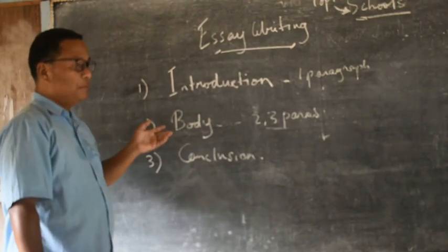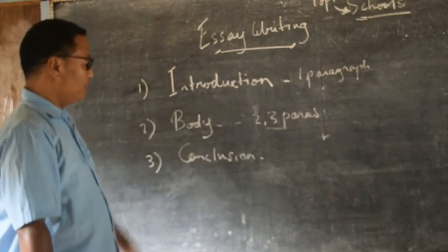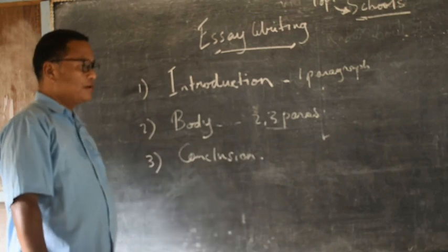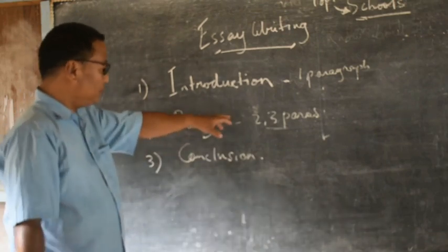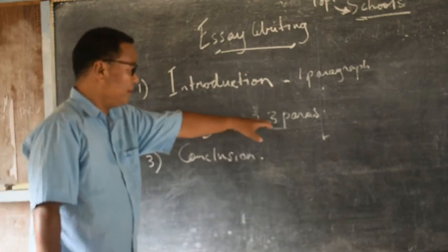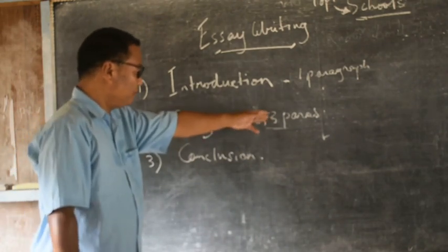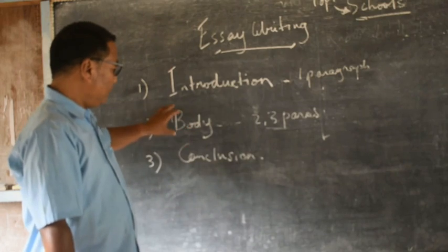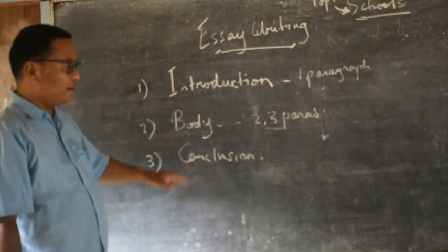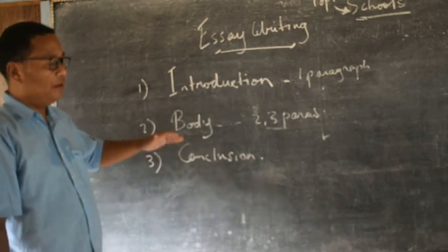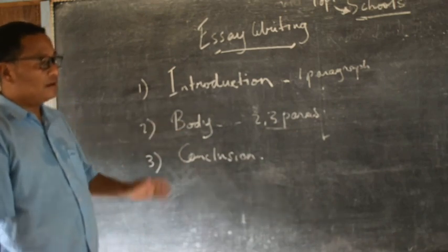Now, if the number of words is more, for example, if the essay requires us to write about 300 words about schools, we can break up the body into maybe more than 3, maybe even 4 paragraphs. And in the conclusion, we must end the essay in a very proper way. We cannot end the essay suddenly.